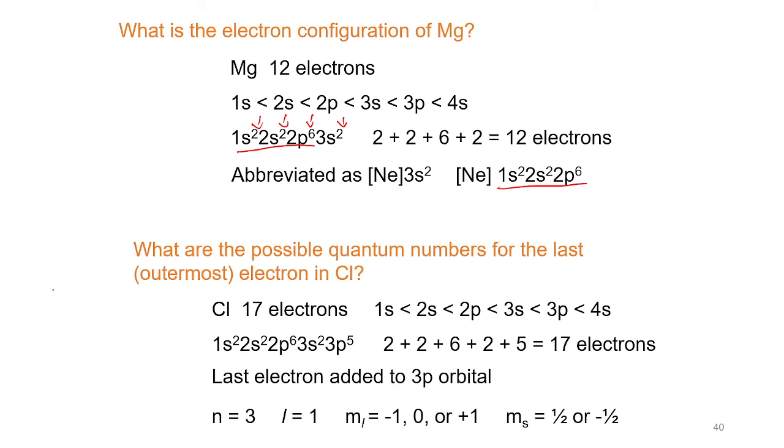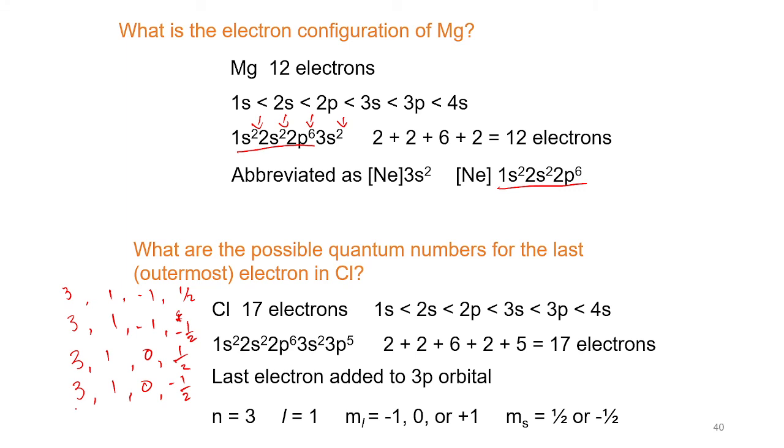So any of those five may have that. So one of the electrons in that fifth will have a quantum number which is 3, 1, -1, 1/2, or it can be 3, 1, -1, -1/2. It may also be 3, 1, 0, 1/2, or 3, 1, 0, -1/2, and so on and so forth.